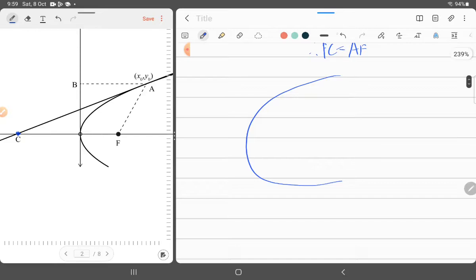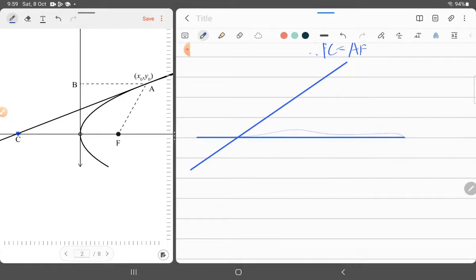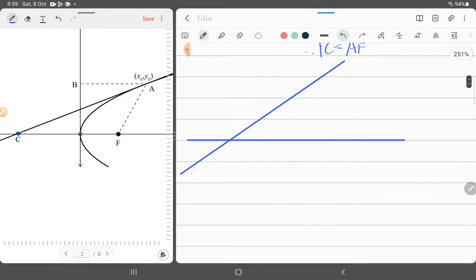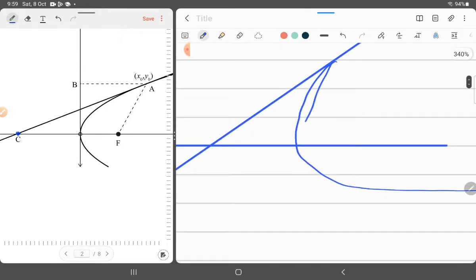So let me just... So because this distance and this distance are equal, okay, so basically we let this equal to theta. So therefore this is equal to theta. But so this is 180 take away theta.